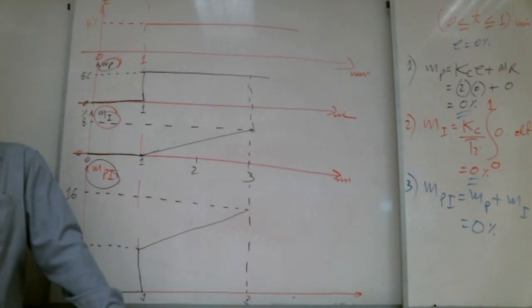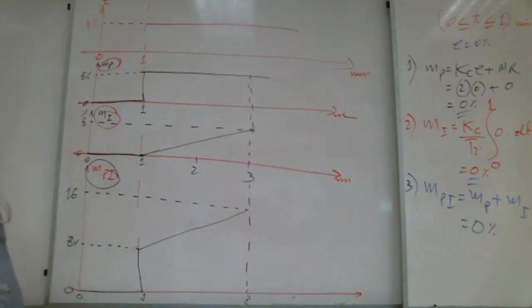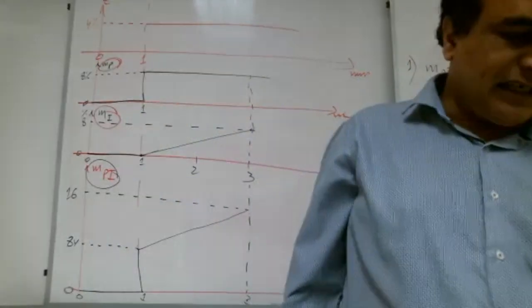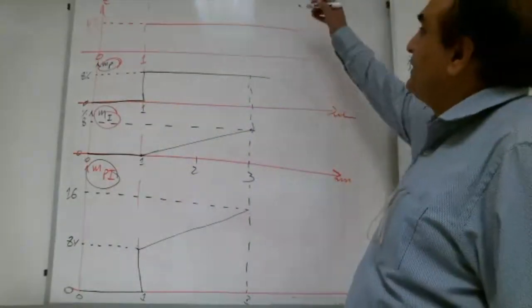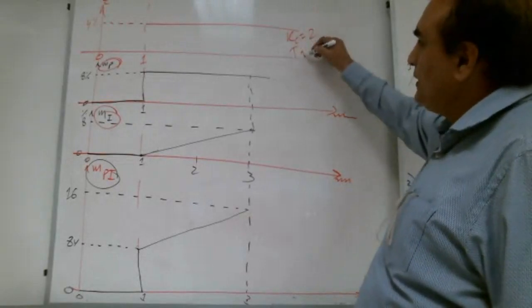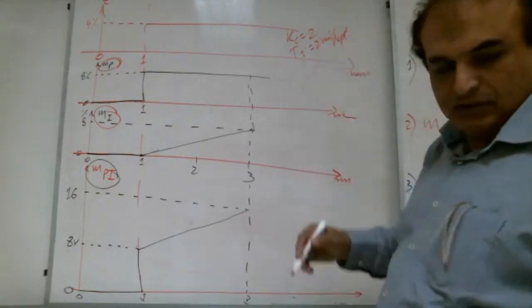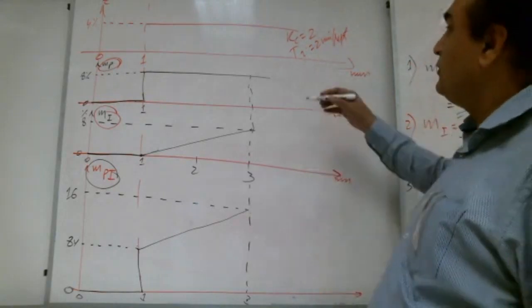So let me repeat once again. If you have missed anything, please try to understand now. We were given Kc as 2, and integral time was given as 2 minutes per repeat, right?